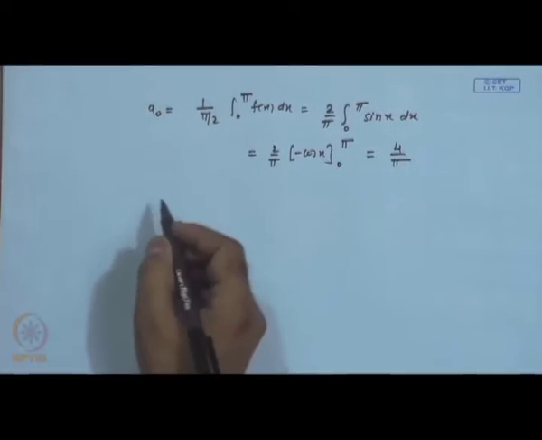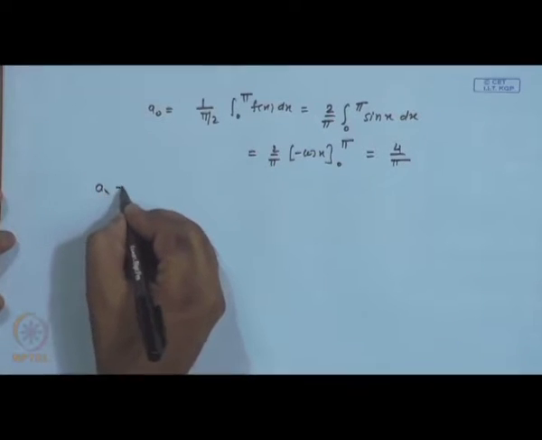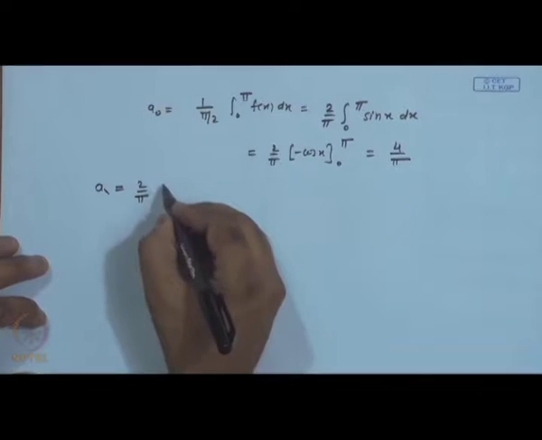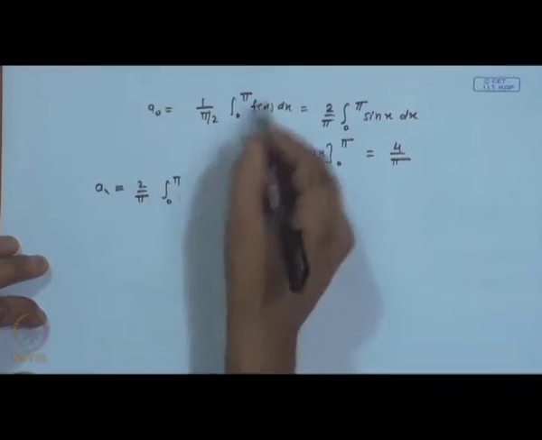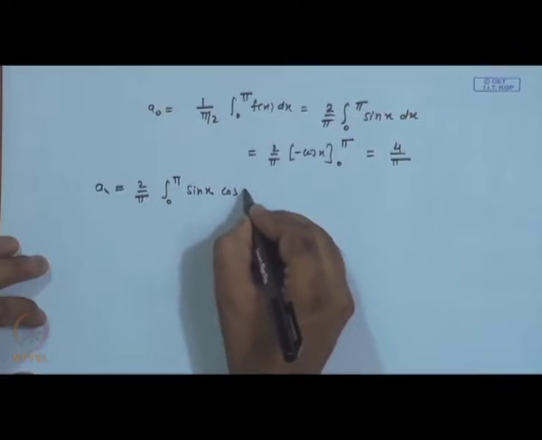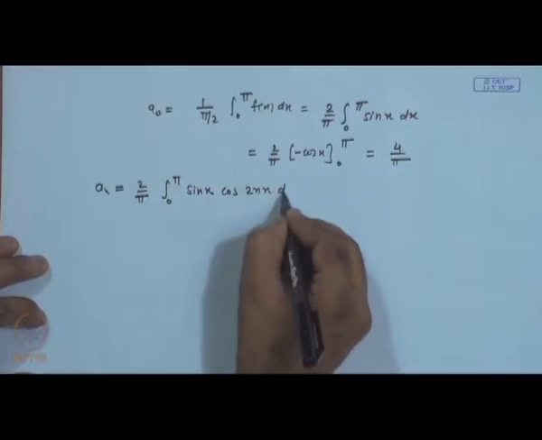Now, we calculate the a n. So, a n is 2 over pi again, the same 1 over L factor is there, and from 0 to 2 pi will come with this function sin x and cos 2 n x dx.